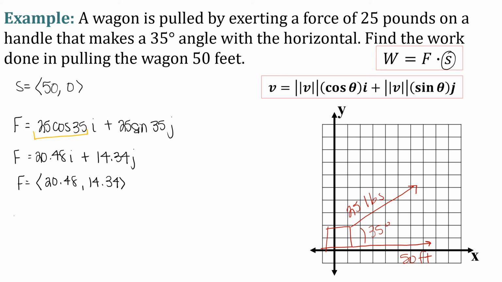Okay, so work is F dot S. So we're multiplying our X components together, 20.48 times 50, which is 1024, plus our Y components together, 0 times 14.34, and 0 times anything is 0. So our work is 1024. So that's how to find work in a situation like this.